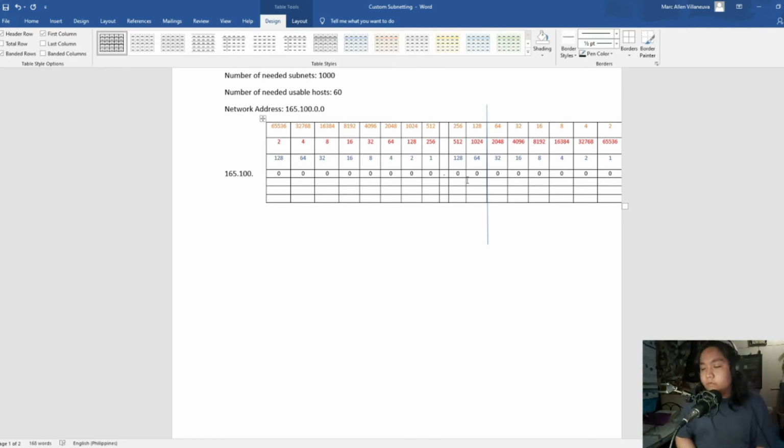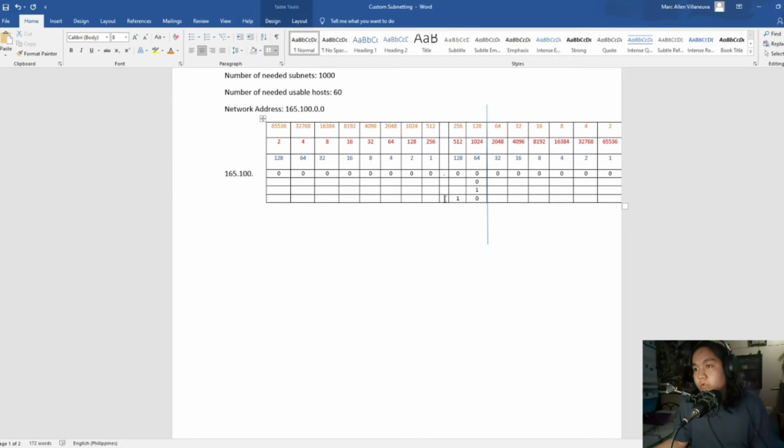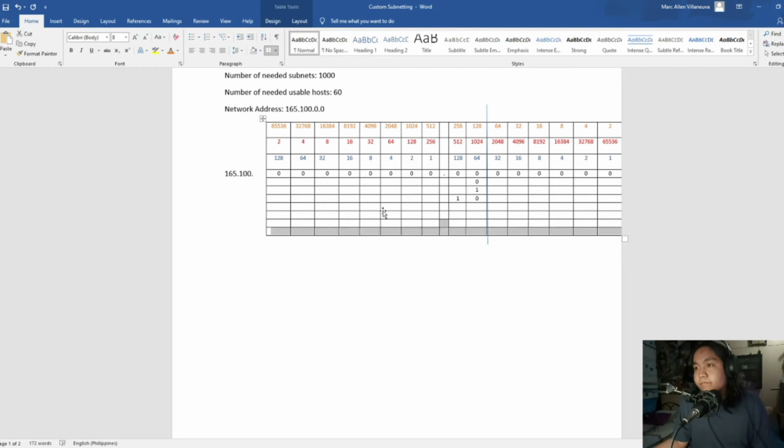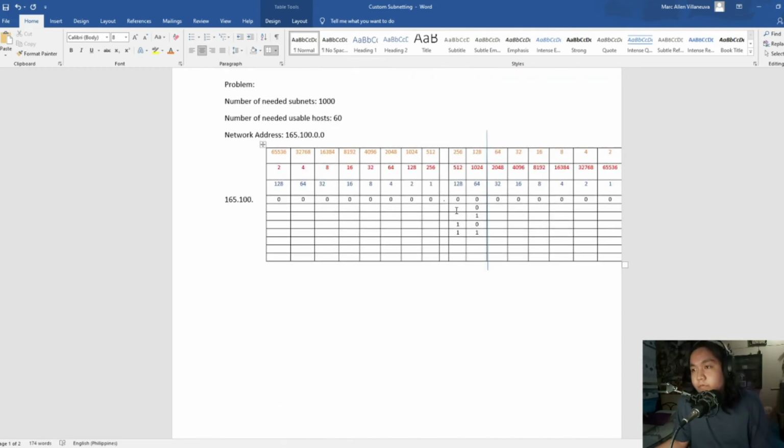Now here we have a pattern, which is 0 and 1, 1 0, 0 1 10 and 11. We're going to do this pattern for us.